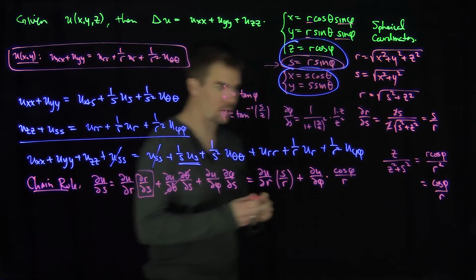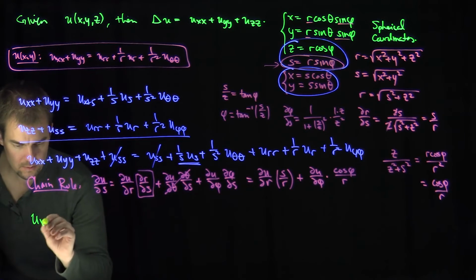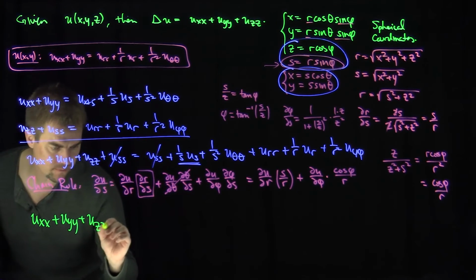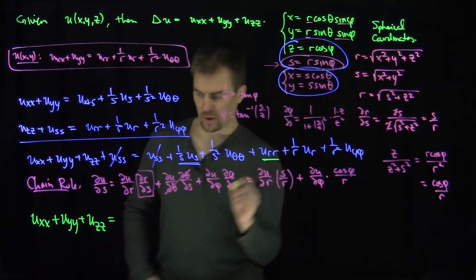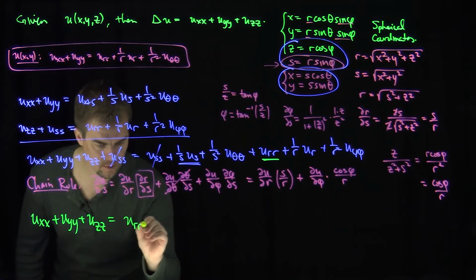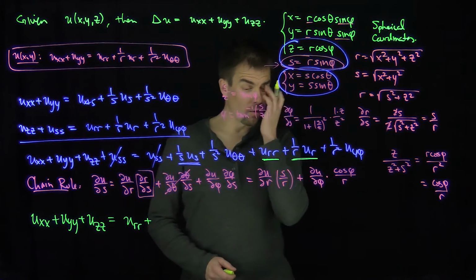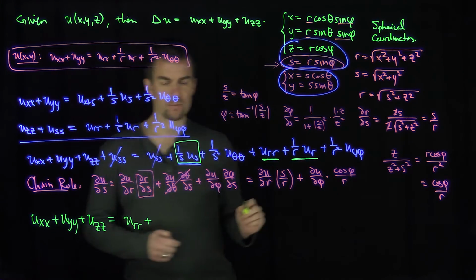So what will our Laplacian be? Our Laplacian over here, uxx plus uyy plus uzz. Let's gather all the terms that we had, all the common terms we have. So we have a urr term. So I'm going to have urr plus. Now I have this term over here, this 1 over r ur. And then over here on this s u_s term over here, what we get.